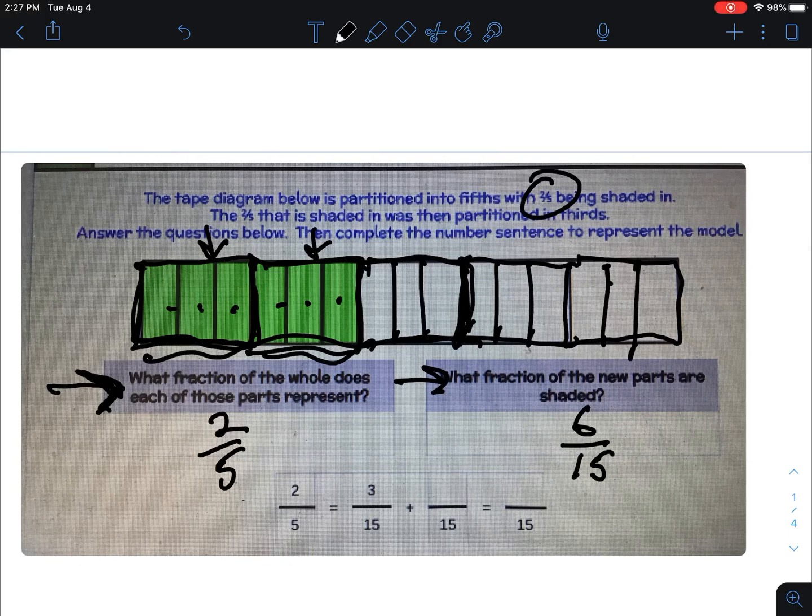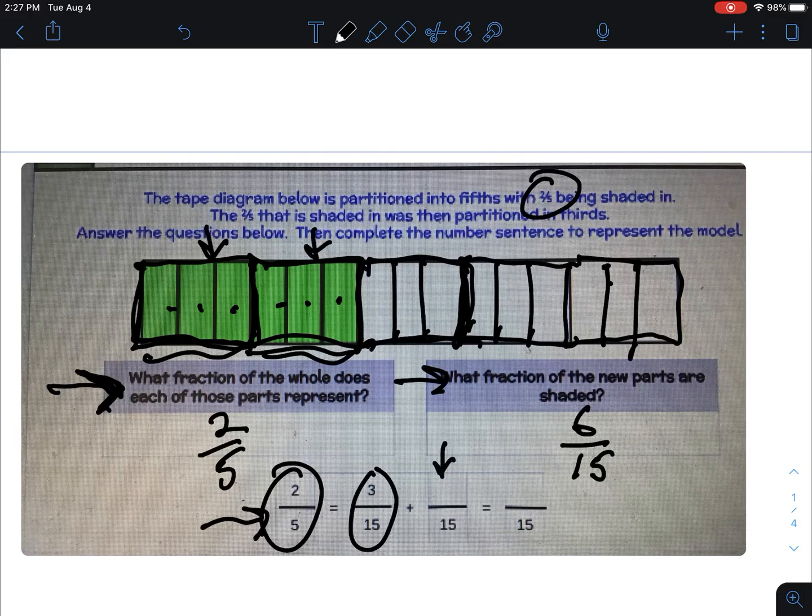All right. So what you do down at the bottom then is you fill in the equation. So we started with 2/5, and then we cut them all into smaller pieces. So we took 3/15, which was the first large rectangle that's now divided into smaller ones.